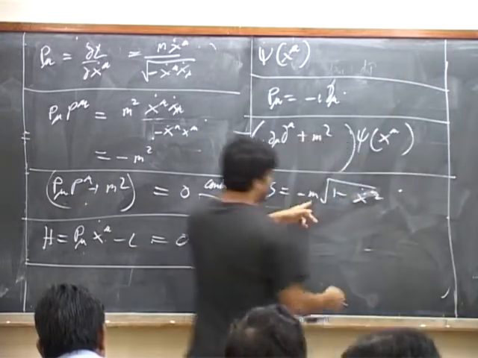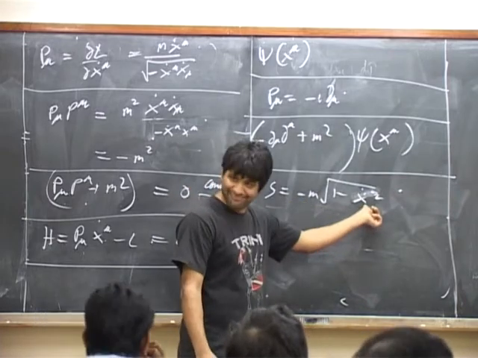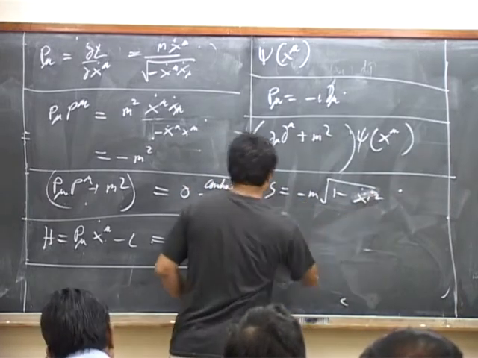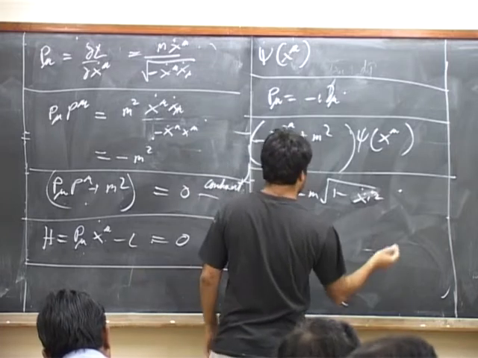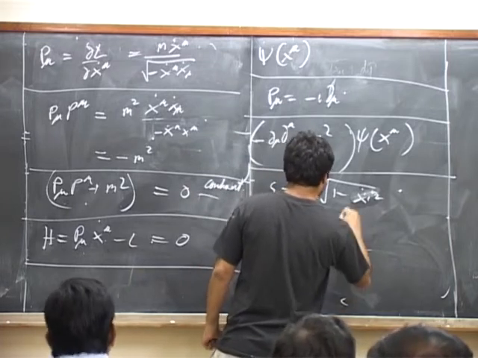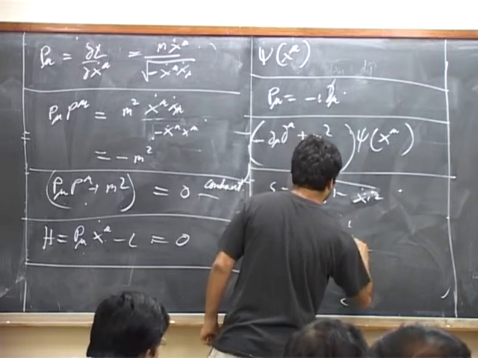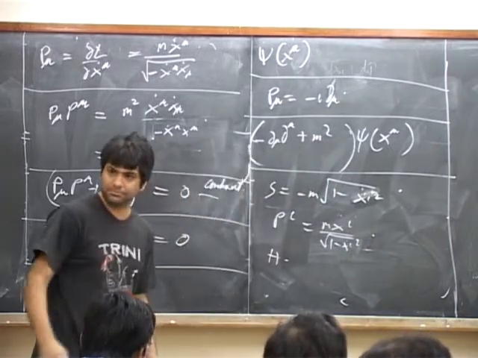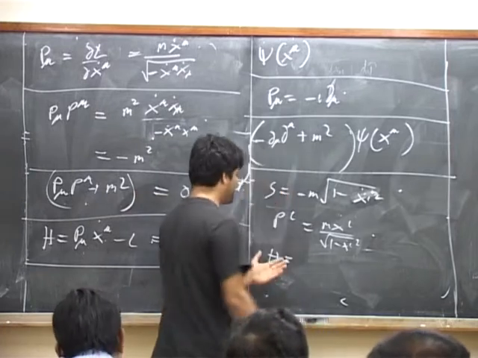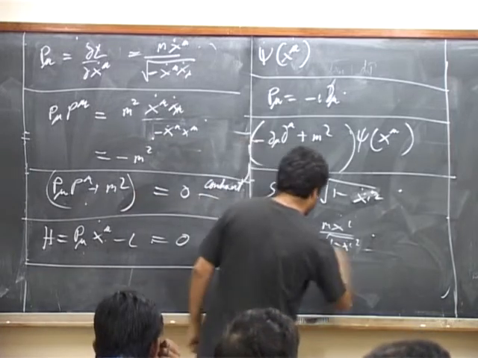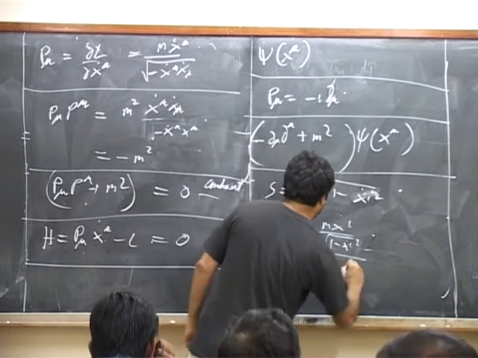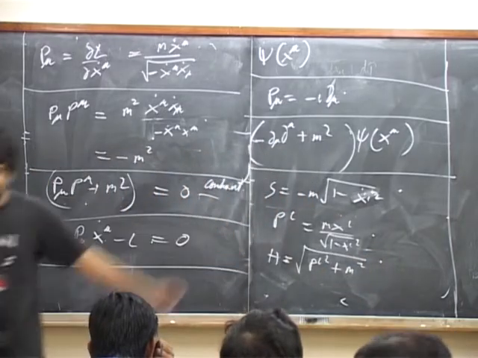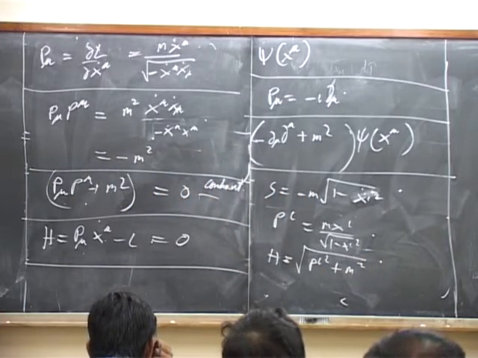Well, the variables are just xi. So what is pi? Pi is equal to m xi dot divided by square root of 1 minus xi dot squared. And the Hamiltonian, well, we can compute it, but you know what the answer is going to be. It will be pi squared plus m squared. When you do the algebra, it's something you're all familiar with.